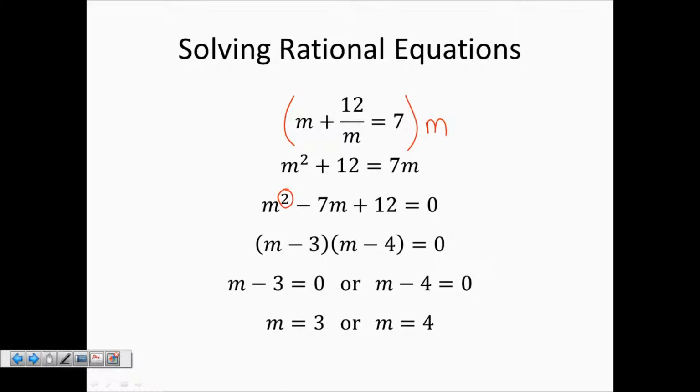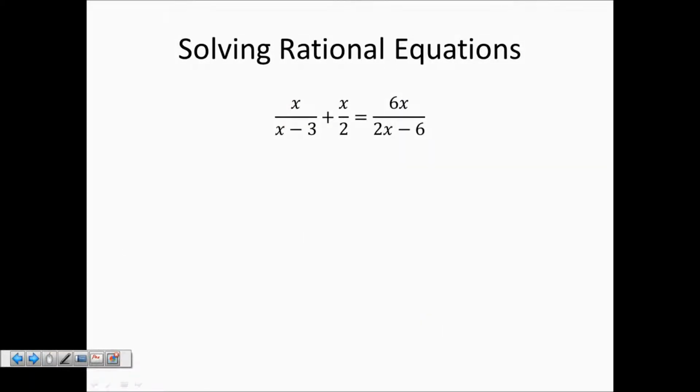Now, this is definitely one of those situations where I should plug in and make sure that both of these work. So if I plug in a 3, 3 plus 12 over 3, that's 3 plus 4, that does equal 7. Plug in the 4, 4 plus 12 over 4, that's 4 plus 3, that equals 7 again. So both of these are solutions.